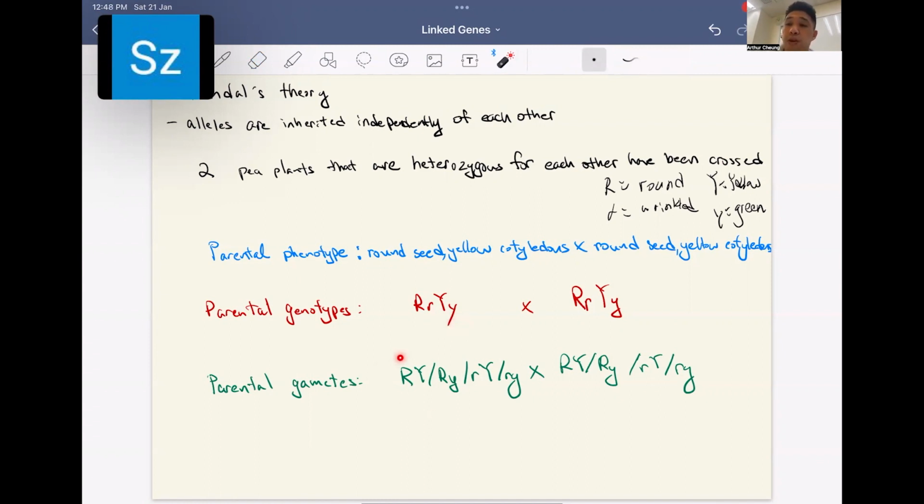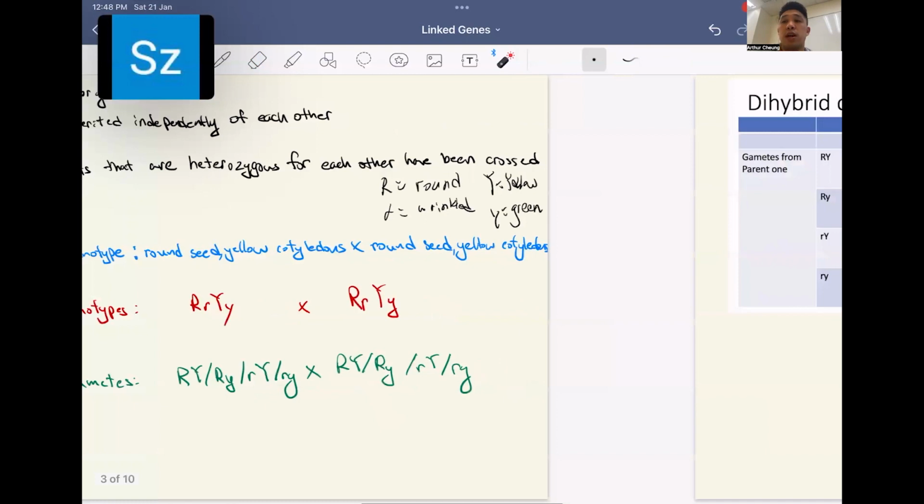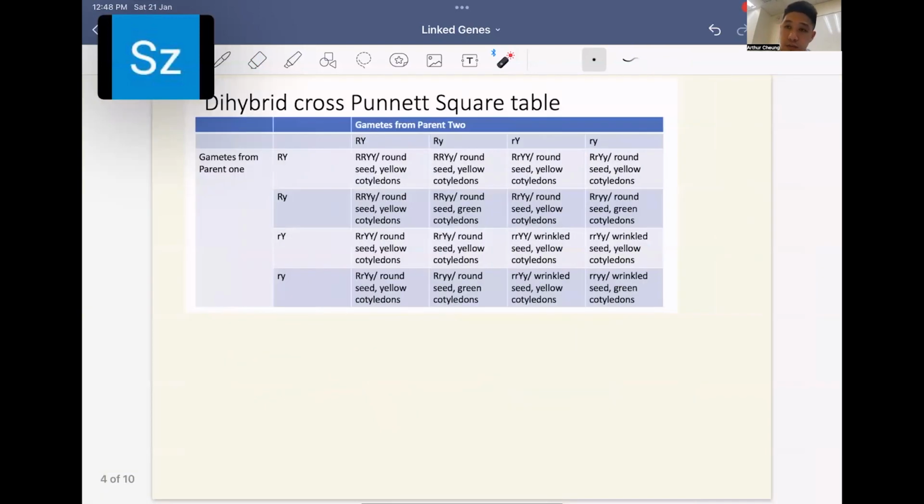Because we know that alleles are inherited independently of each other, both parents should be able to produce all different combinations of gametes: capital R capital Y, capital R small y, small r capital Y, and small r small y. Now we have figured out the possible gametes, we can do a cross together.